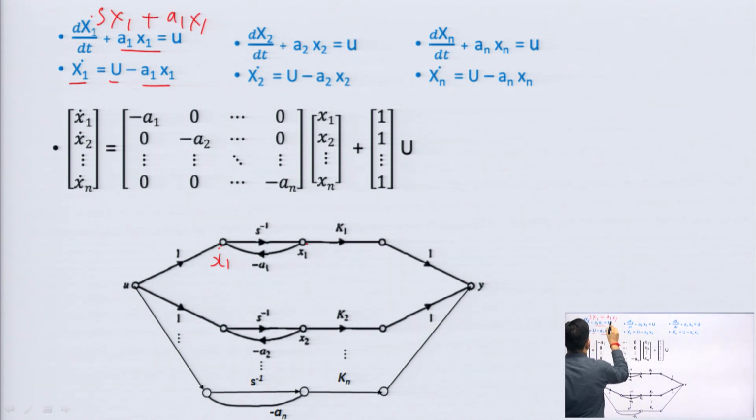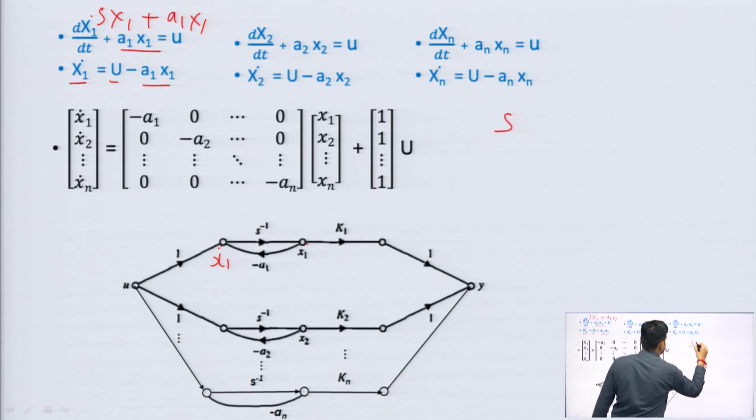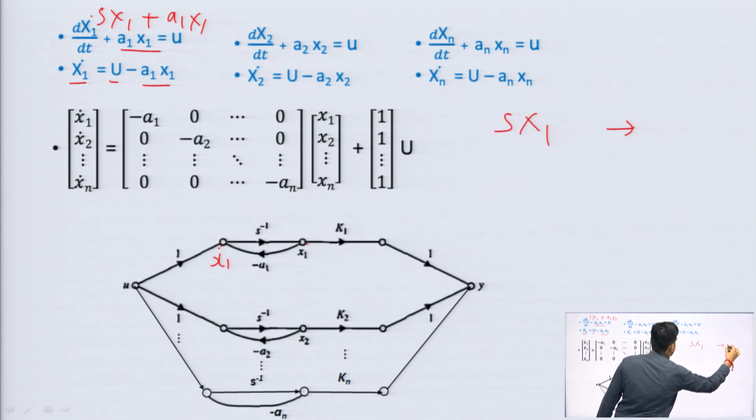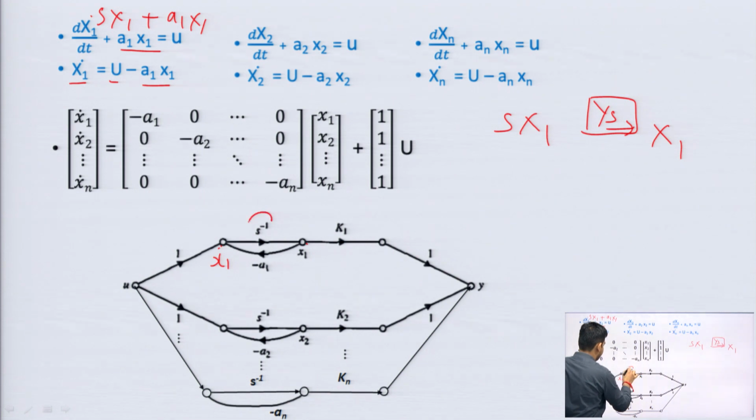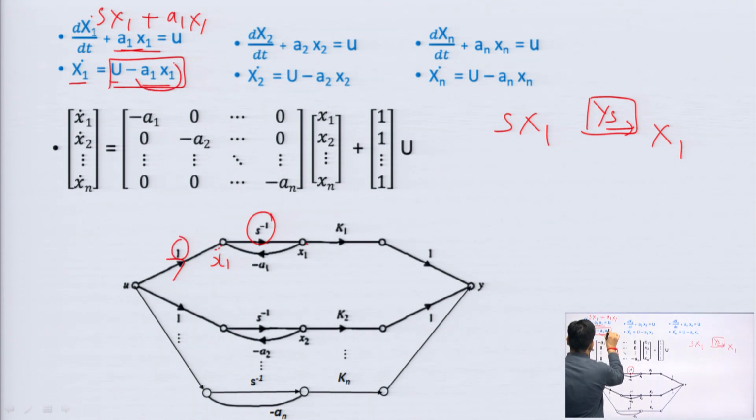Since the s term is present, I have to obtain x1 from s times x1, which means I need to add an integrator. So, here I am adding the integrator s inverse; this is s times x1, and here I will obtain x1 of s. Now, for the a1 term, I will add this because x1 dot is equal to u minus a1 x1. So, it will receive the input u with coefficient 1 and minus a1 coefficient coming from this feedback.